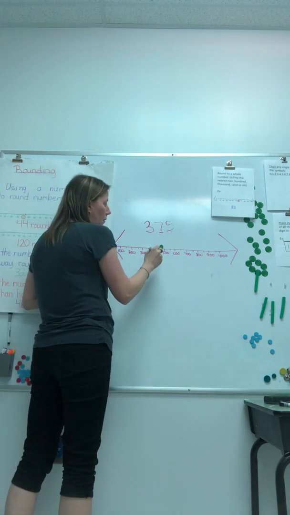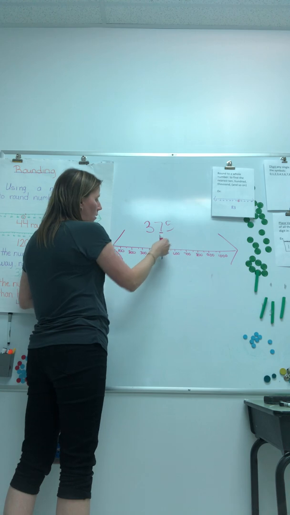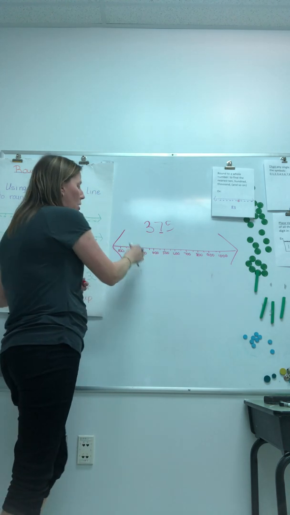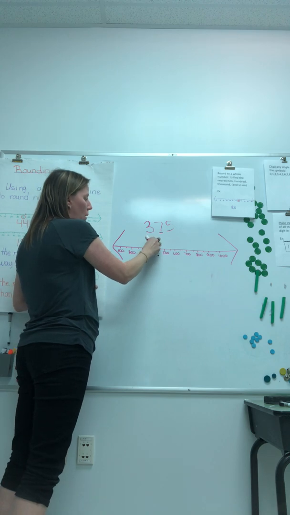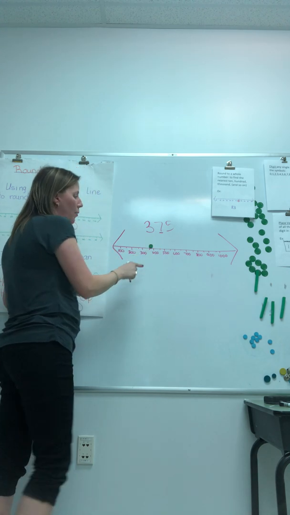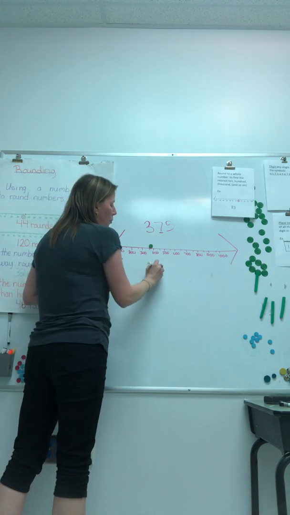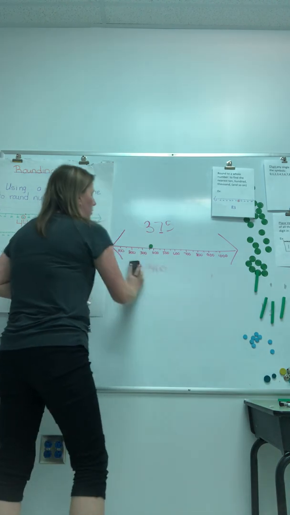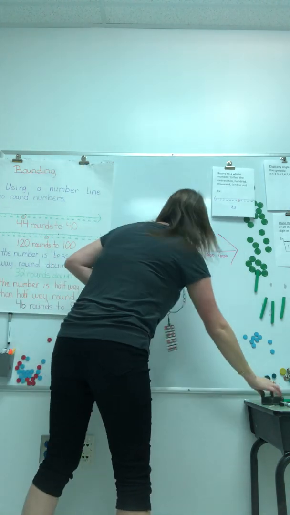So 375, between 300 and 400. I think I placed it, so between 300 and 400. So it's going to be right past the 350 mark. So it's more than halfway. So 375 will round to 400.